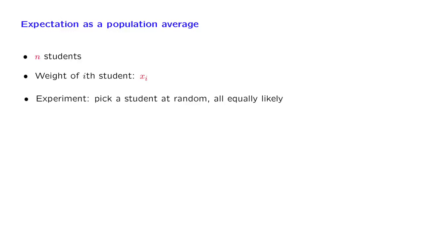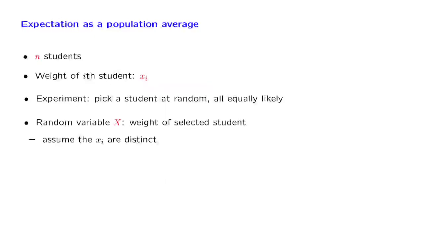And we now close this segment by providing one more interpretation of expectations. Suppose that we have a class consisting of n students and that the ith student has a weight which is some number xi. We have a probabilistic experiment where we pick one of the students at random, and each student is equally likely to be picked as any other student. And we're interested in the random variable X, which is the weight of the student that was selected.